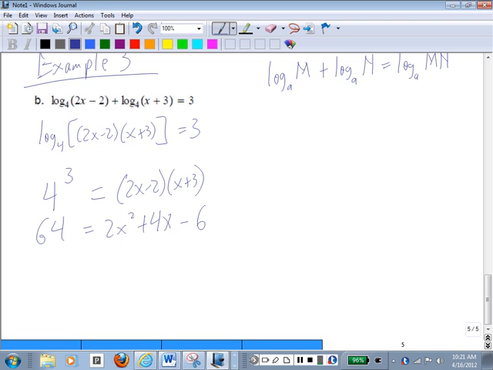Set it to 0. Subtract 64 from both sides, that'll set it to 0. 0 equals 2x squared plus 4x minus 70. Before we pull out the quadratic formula, let's at least consider the possibility that we may be able to factor this. What should we do if we're thinking about factoring this?